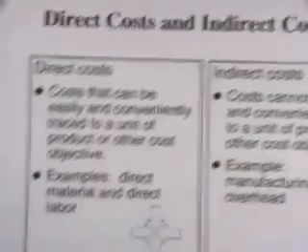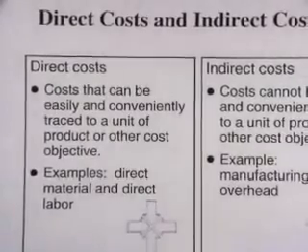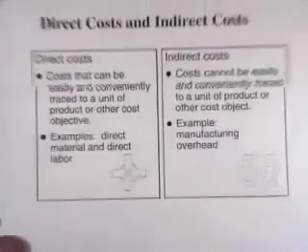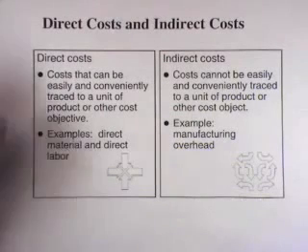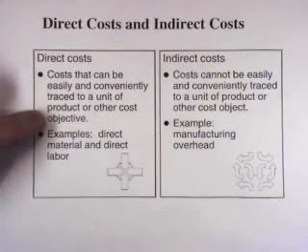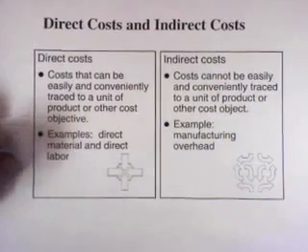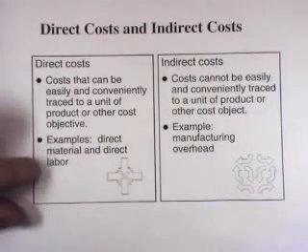All right, and then finally, I just want to cover a few classifications of costs. You can break your costs up into direct or indirect costs. Direct costs can be easily and conveniently traced to a unit of product or other cost objective. An example would be direct material and direct labor.